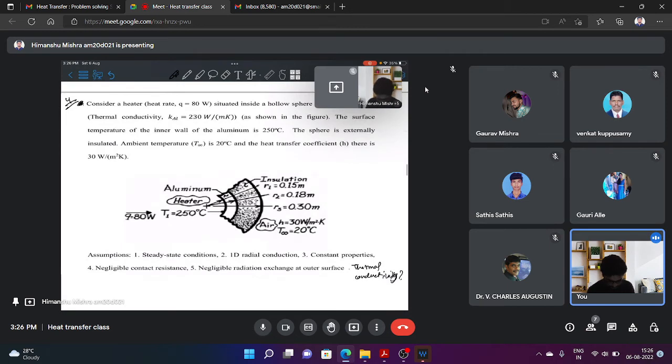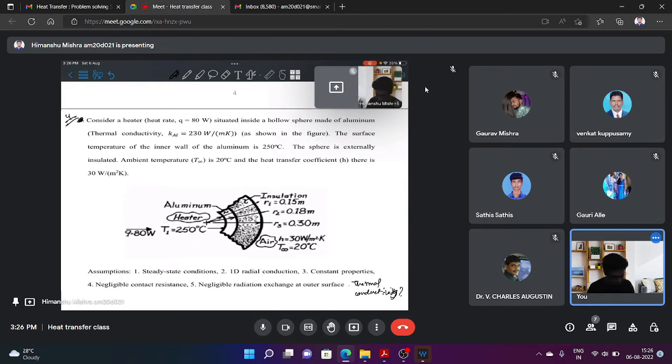The next question is to consider a heat source situated inside a hollow sphere made of aluminium. Thermal conductivity is defined. The surface temperature of the inner wall is 250 degrees Celsius. The sphere is externally insulated. The ambient temperature is 20 and the heat transfer coefficient is 30.